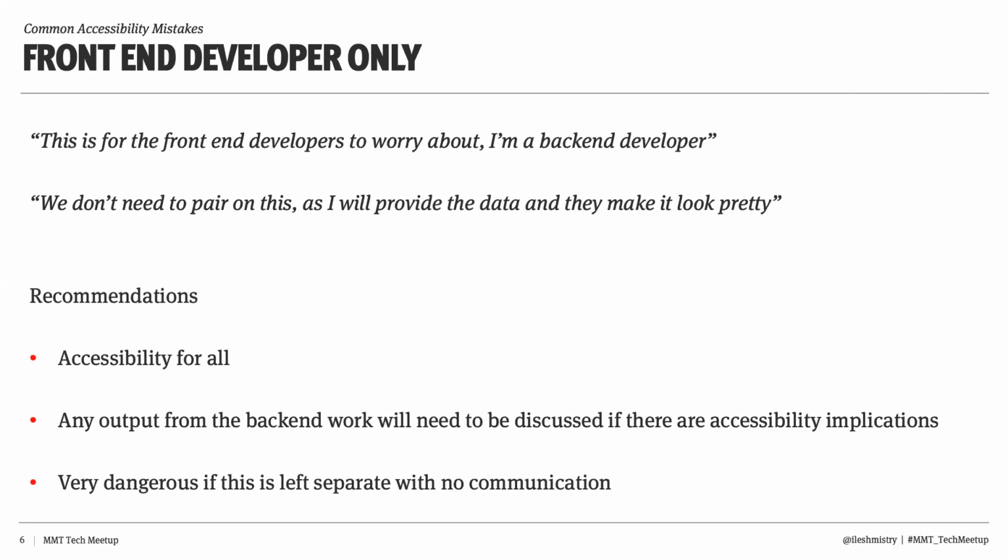For example, if someone is looking at data that comes from a JSON file, but that data doesn't have the accessible entities that we want to show and express on the page, then the back-end developer needs to do some more work to bring it back again. So it's a whole team effort, and I feel it's dangerous to be left separate with no communication. Communication is a big thing in whatever we develop.